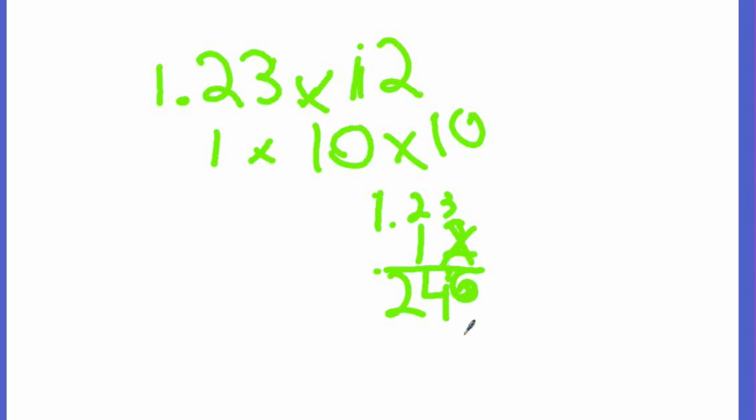Cross out the 2, make Mama happy. 1 times 3 is 3. 1 times 2 is 2. And 1 times 1 is 1.